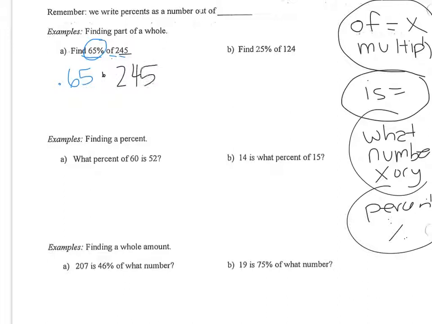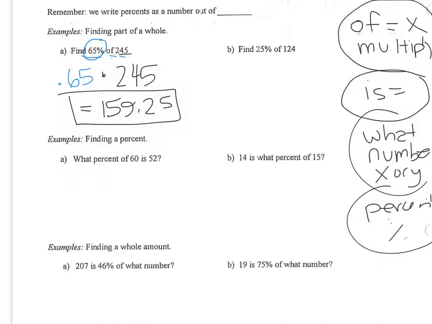So this is what we're going to calculate. We're going to calculate 0.65 times 245 and get 159.25. It doesn't say anything about finding the percent, so we don't have to worry about moving the decimal over and changing it to a percent.